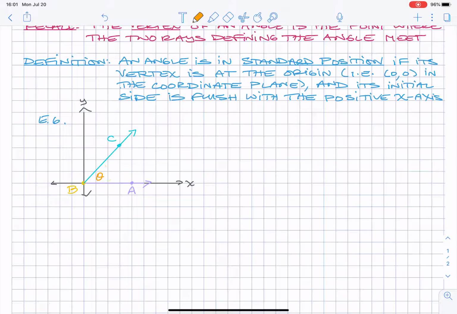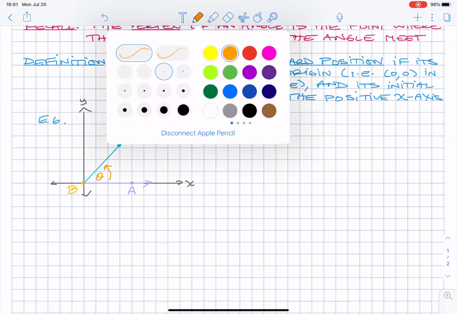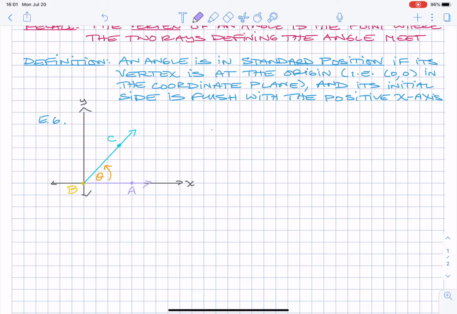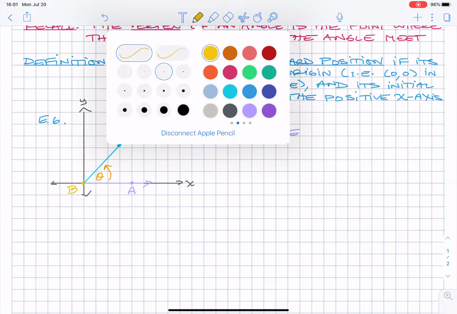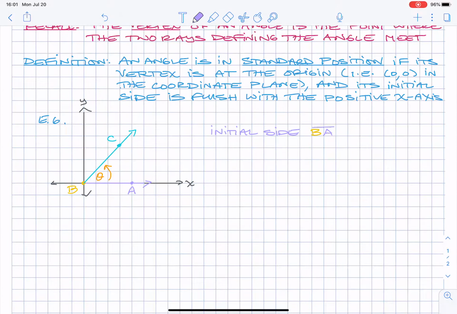Notice the initial side, where we start measuring the angle in counterclockwise direction. So initial side BA is along the positive x-axis, right?